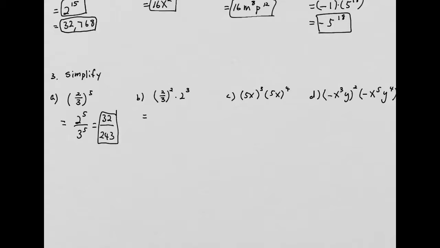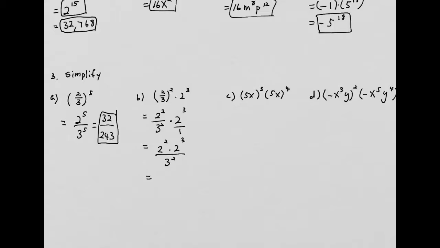The next one, we should be able to distribute the square times 2 cubed. And because this is multiplication, you should be able to do 2 squared times 2 cubed on the numerator and 3 squared on the denominator.